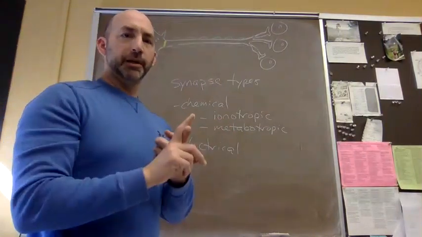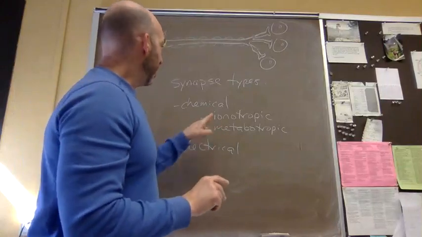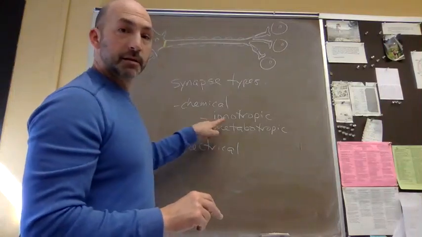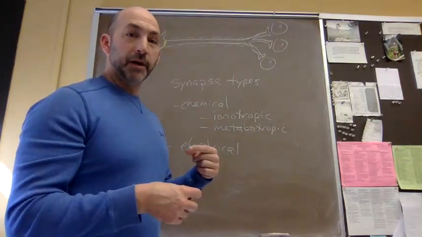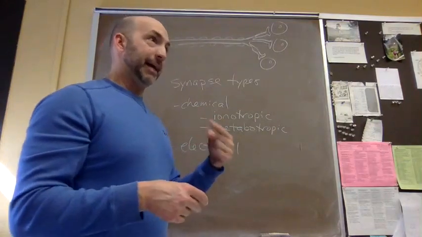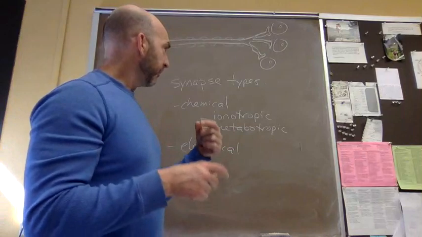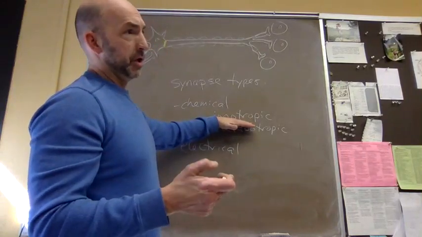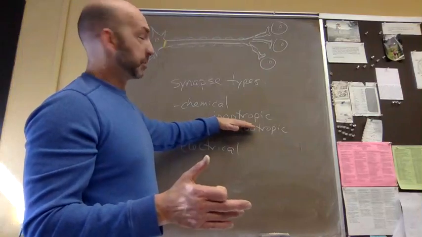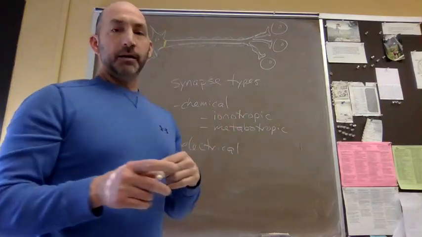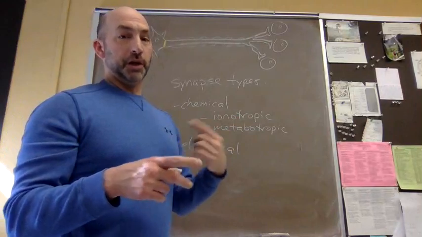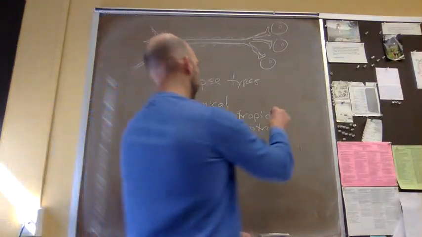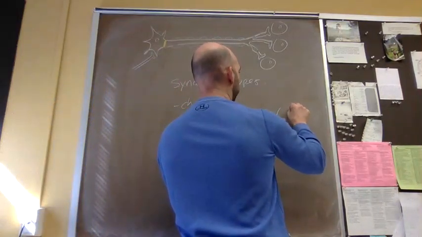In other words, a neurotransmitter affecting ions, ion movement across the membrane. So these are ligand-gated channels that cause the channels to either open or sometimes even close, but usually open, to allow ions to move to change the membrane potential.